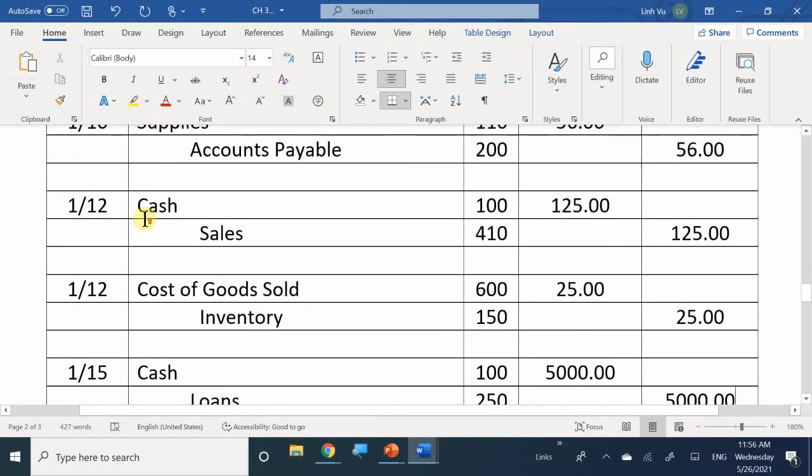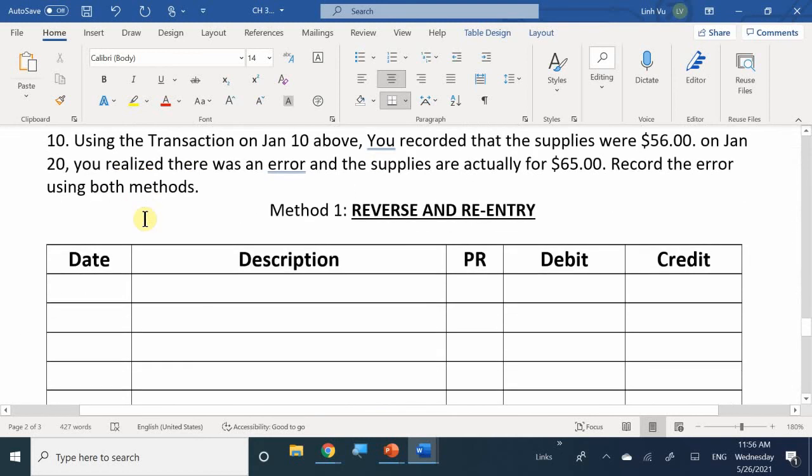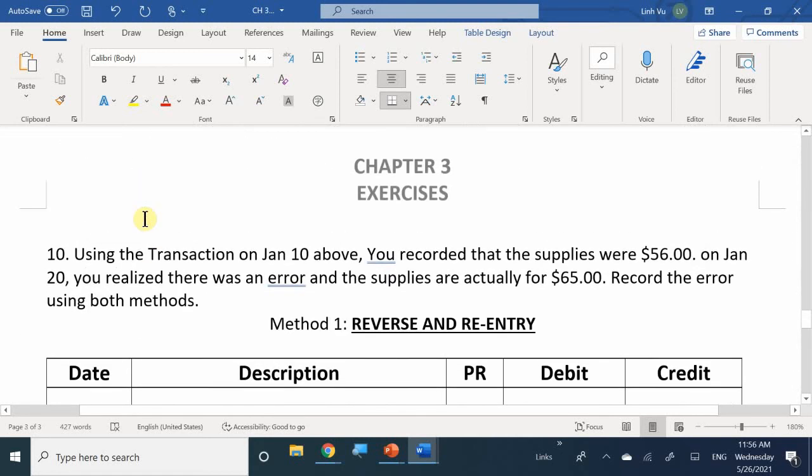So here we properly journalized it as supplies and accounts payable for $56. Okay? So here it says that you recorded that the supplies were $56.